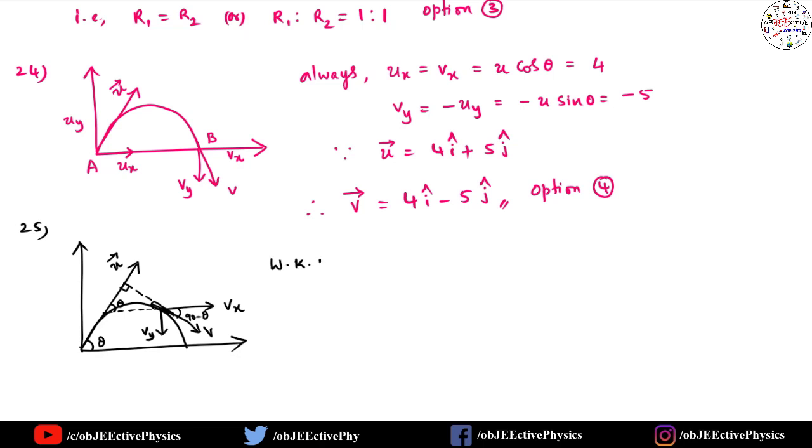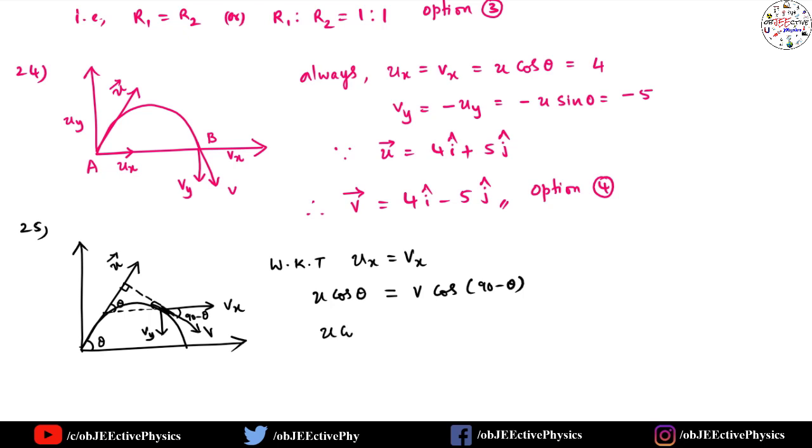That is, v is making an angle 90 minus theta with horizontal. We know that in case of projectile, horizontal component of velocity is always constant. So ux is equal to u cos theta at the point of projection, and Vx is equal to v cos(90 minus theta), because v is making 90 minus theta with horizontal.